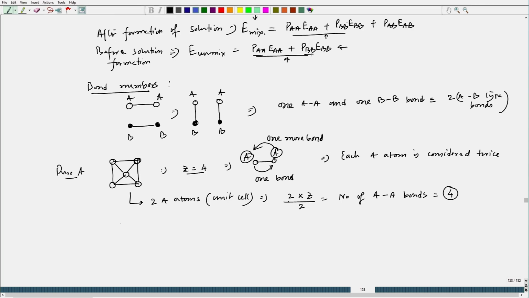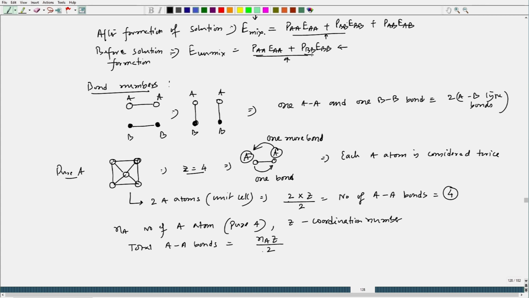Now, if I try to look at the number of A atoms, Na, in pure A, and Z is basically the coordination number, then total A bonds would be equal to NaZ by 2.